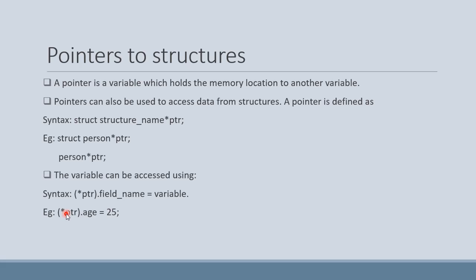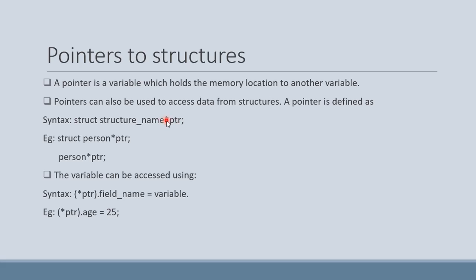A pointer is defined by the keyword struct, a structure name, and a star mark followed by the pointer identifier. Here I have given the name of my pointer as PTR, and note that I can give any other name.